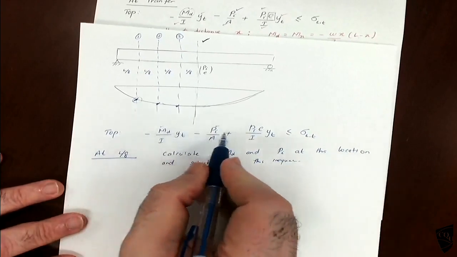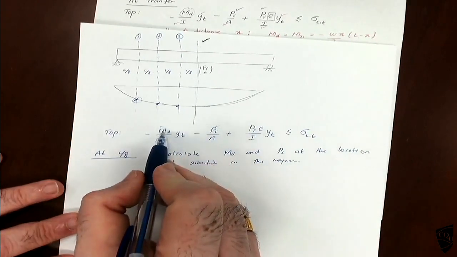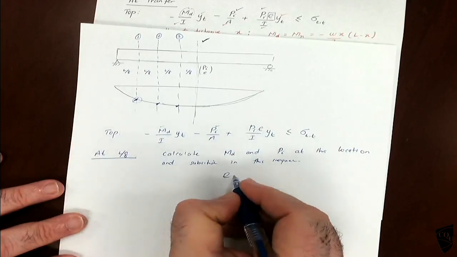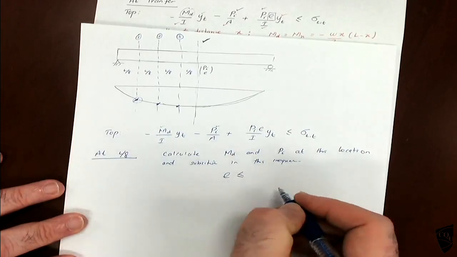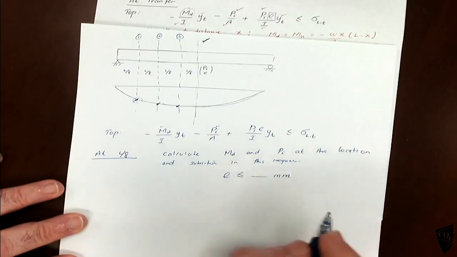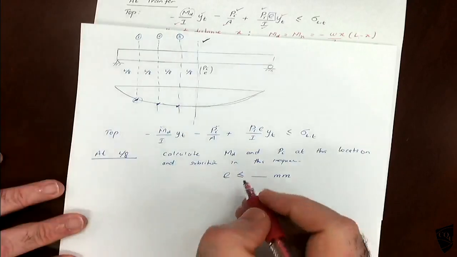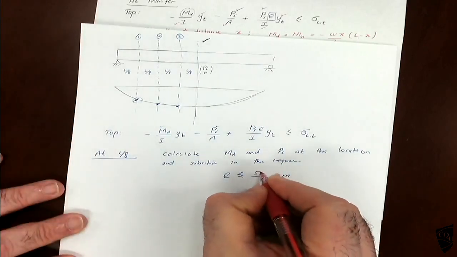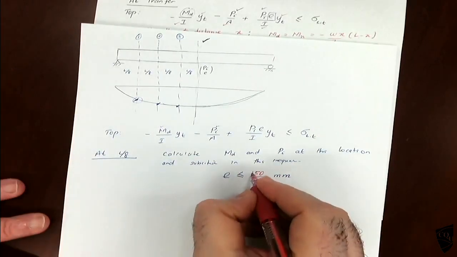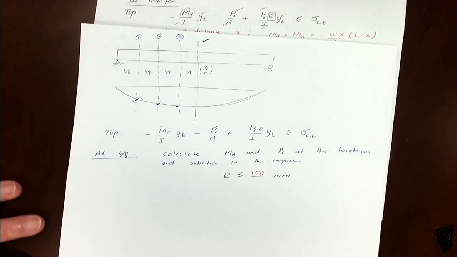So if you substitute, everything is a number other than e. So you will get e less than or equal to something millimeter, a number. It can be, say, less than 50, or 150, whatever, it will give a number.